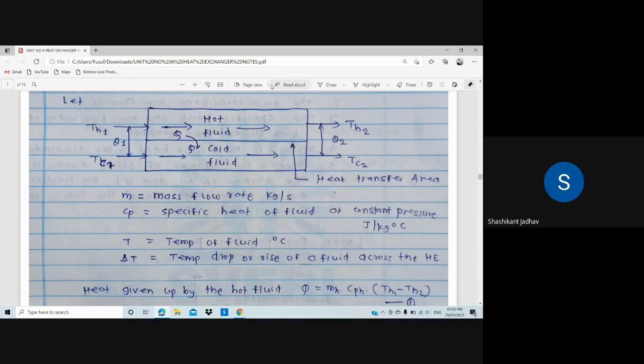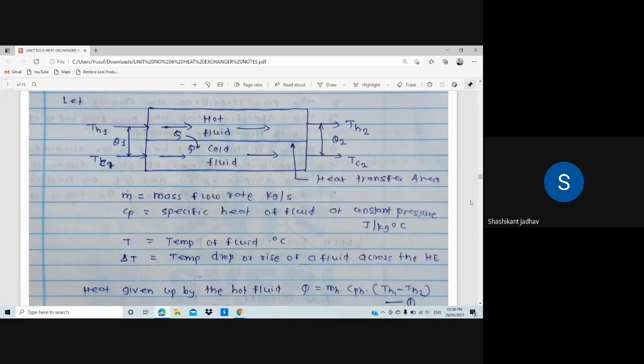So write down: Cp is the specific heat of the fluid at constant pressure, in Joule per kg Kelvin. T is the temperature of the fluid, in degrees Celsius.